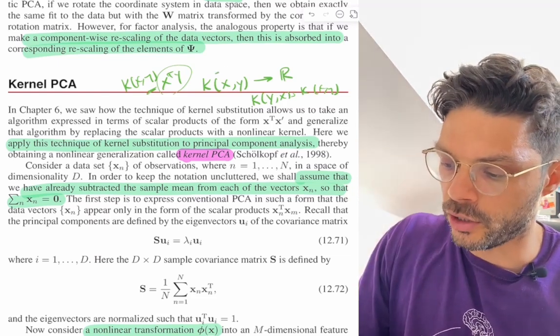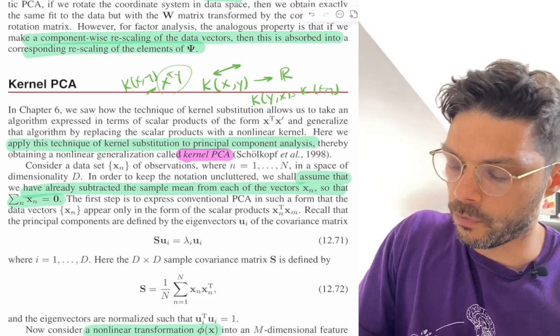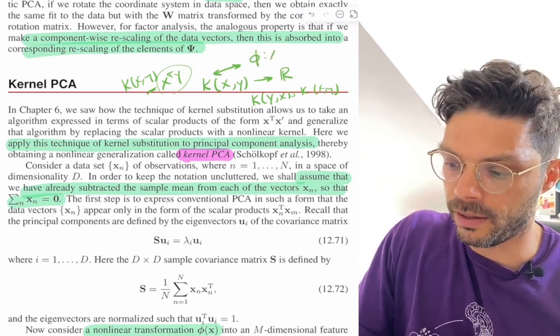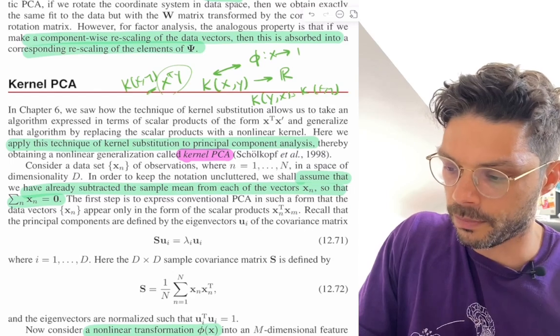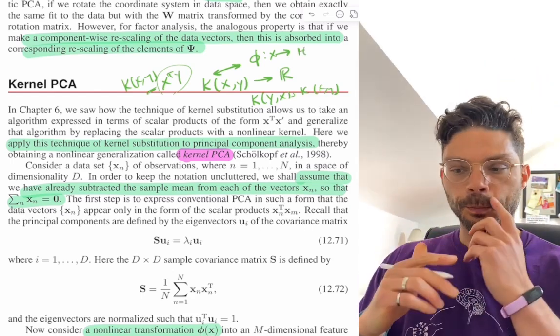So this kernel will correspond to a mapping phi that takes x to some Hilbert space.